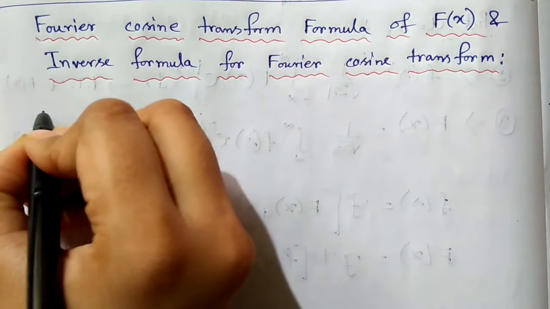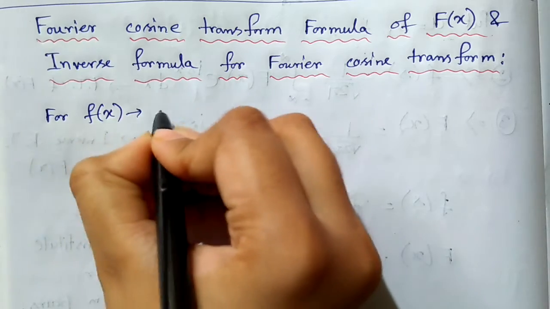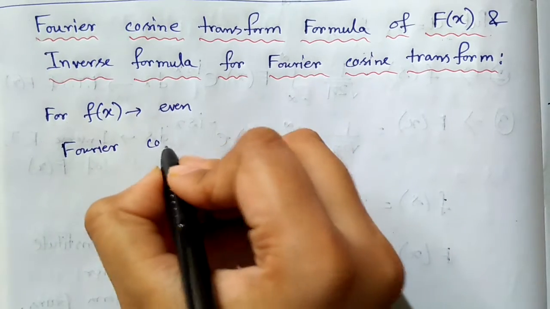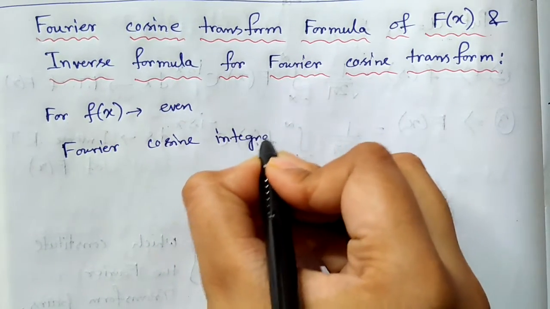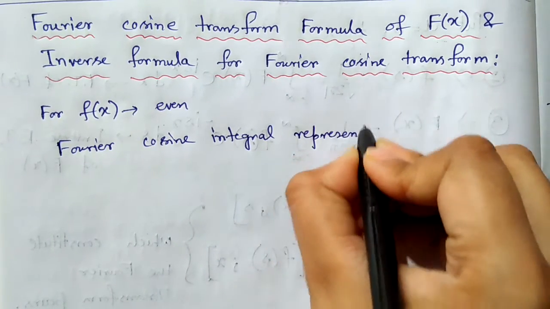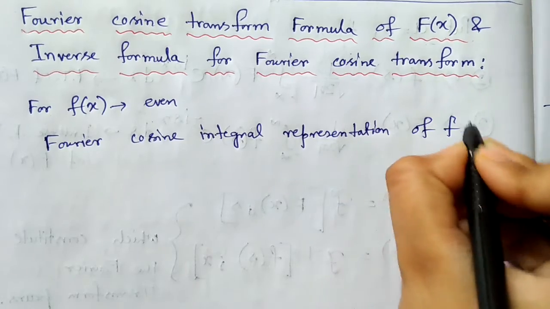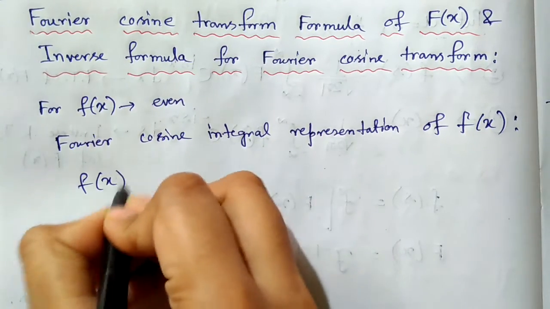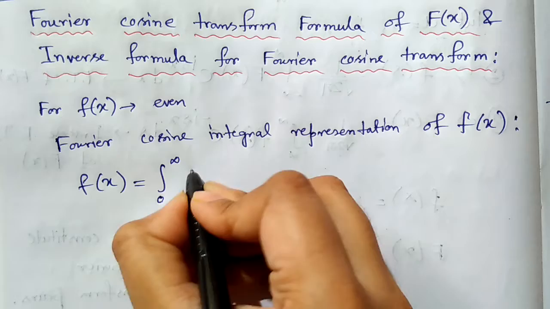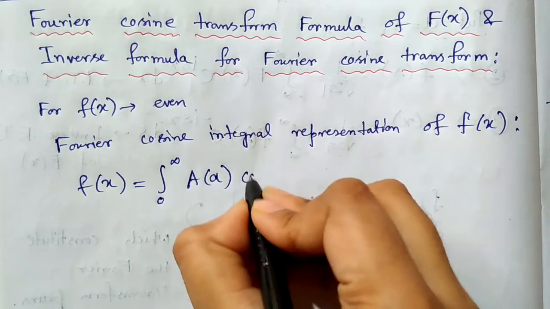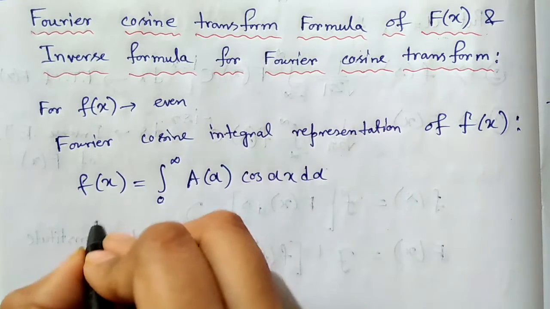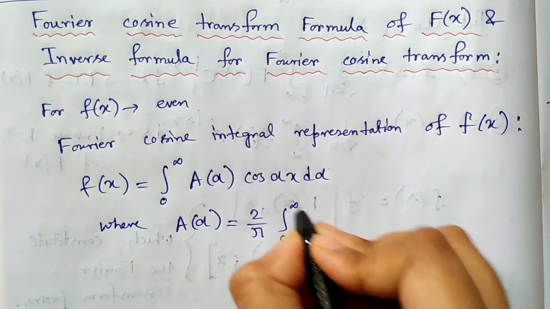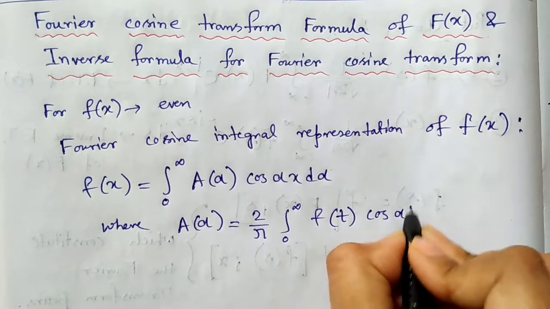For an even function, if our given function f(x) is even, we get the Fourier cosine integral representation of the form f(x) equal to integration 0 to infinity a(alpha) cos alpha x d alpha, where a(alpha) is 2 by pi integration 0 to infinity f(t) cos alpha t dt.